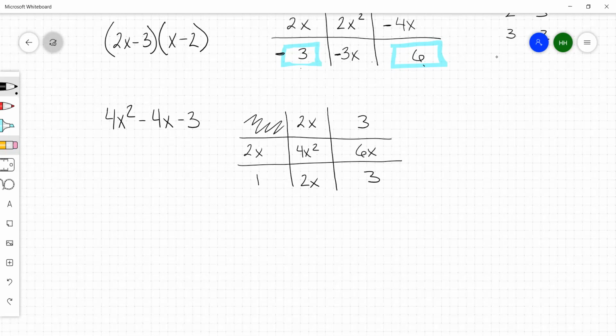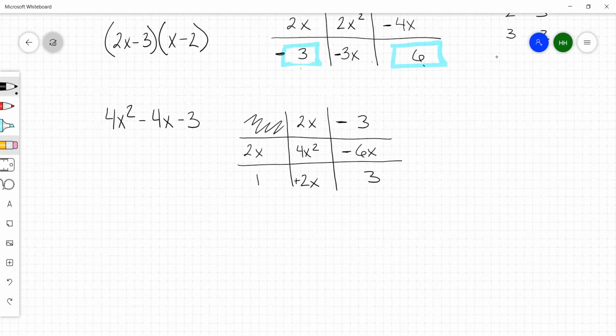We need a negative 3, though. And we need a negative 4. So in order to get a negative 4 with a 2x and a 6x, this 6x has got to be negative. And if that 6x has to be negative, this 3 has to be negative. This 2x needs to be positive right here.